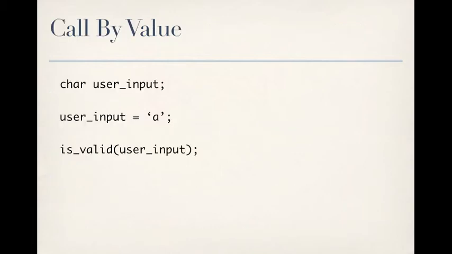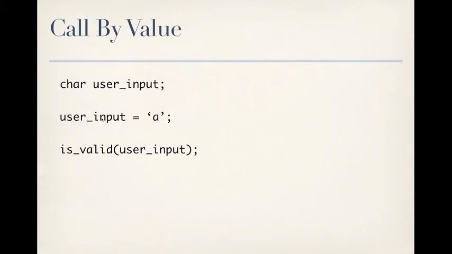Let's see how a parameter is handed over to a specific function. So let's look into some small code snippet. Maybe in the main function, we are declaring a variable user input of type character.